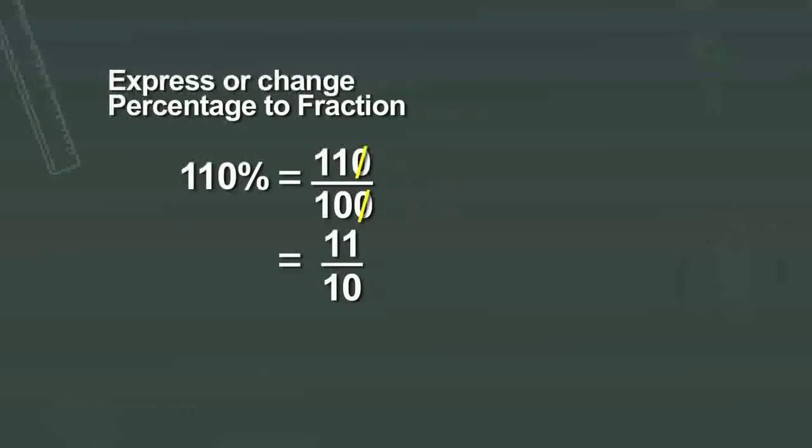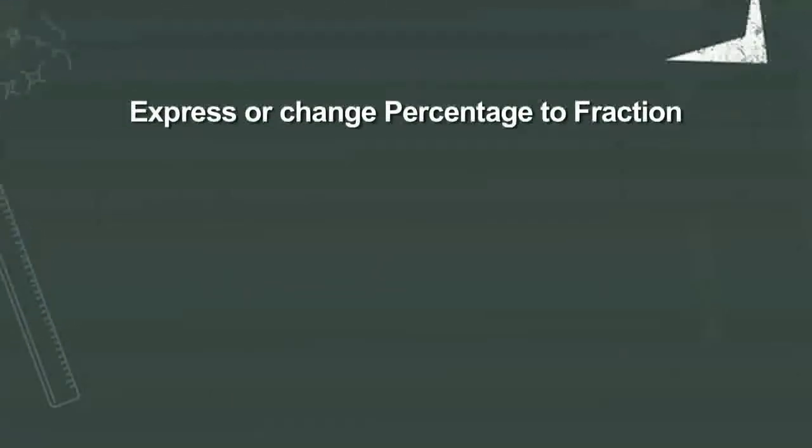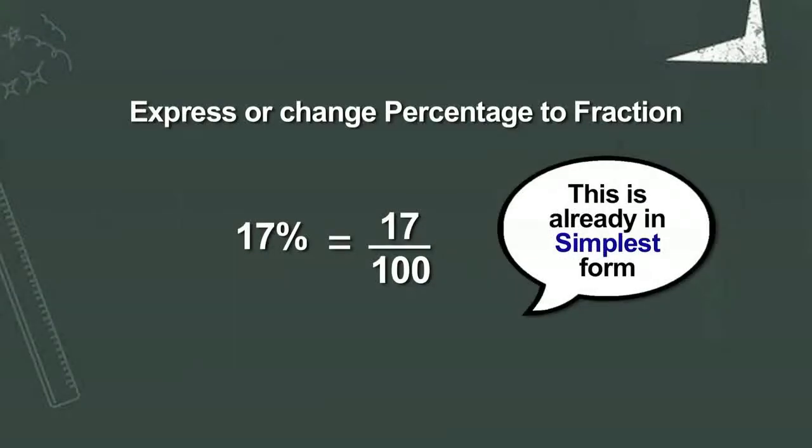And change it to mixed number, which gives 1 1 out of 10. How about 17%? You will write 17% as 17 out of 100. This is already in simplest form, so this is the final answer.